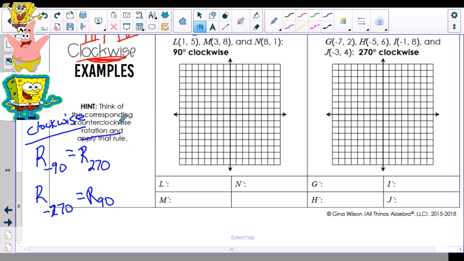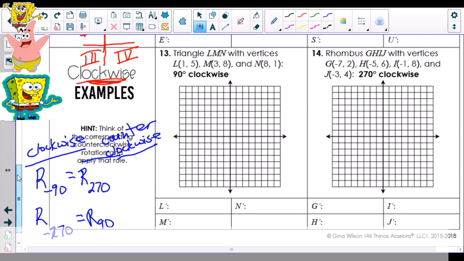These over here are just our regular direction of counterclockwise. So if you're going clockwise 90, notated as negative 90, use the 270 rule. Or if it's clockwise 270, you use the counterclockwise 90 rule. Let's do a couple of examples with that.